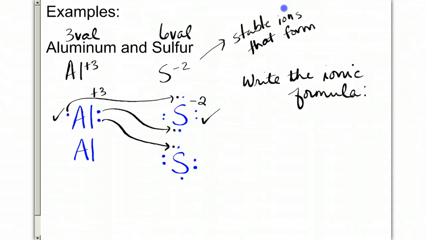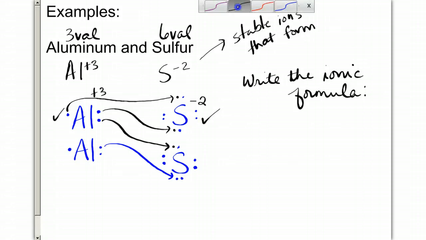So I need another aluminum, which has 3 valence electrons. This aluminum is going to give away 1 more to here, giving my sulfur a -2 charge and its octet. Forgive the color inconsistency. Now that sulfur is good, except I still have 2 more electrons to give away on my aluminum on the left.